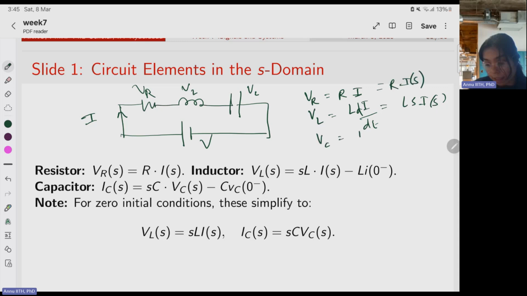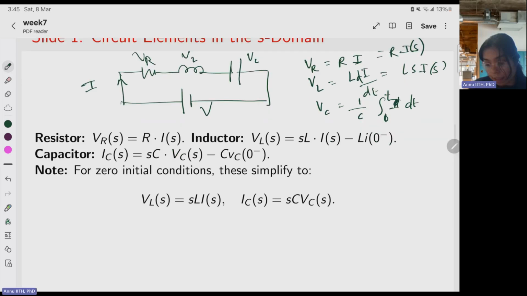And V_C is nothing but 1 upon C times the integration from 0 to t of I(t) dt.